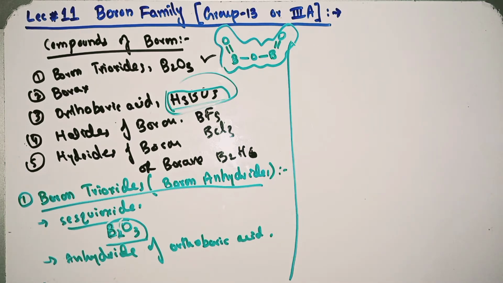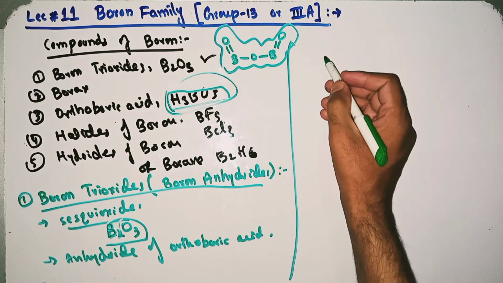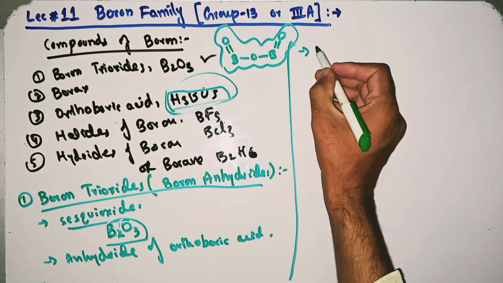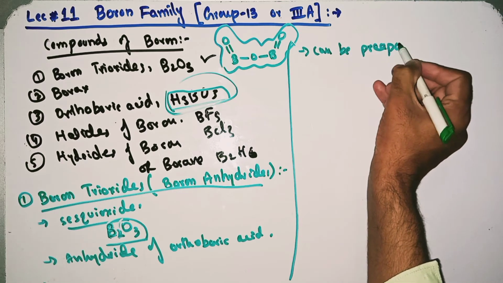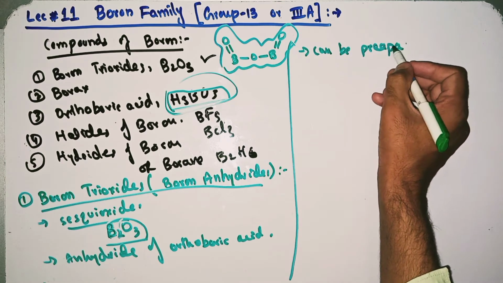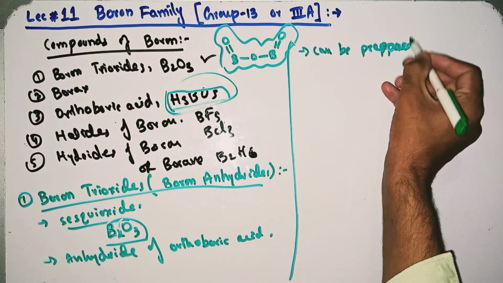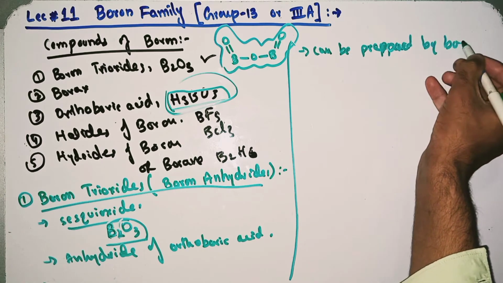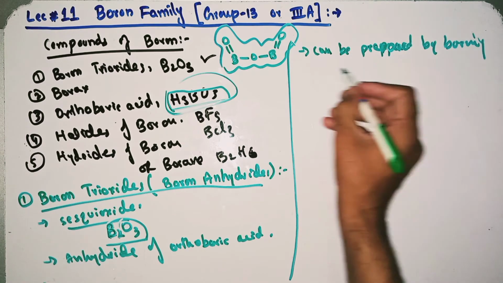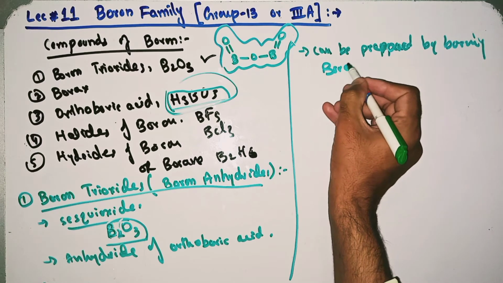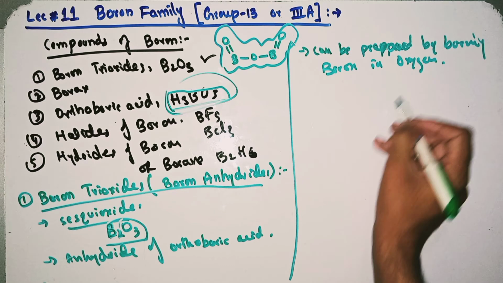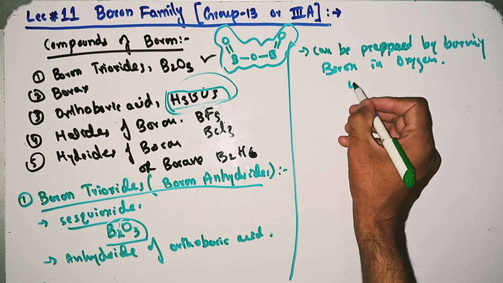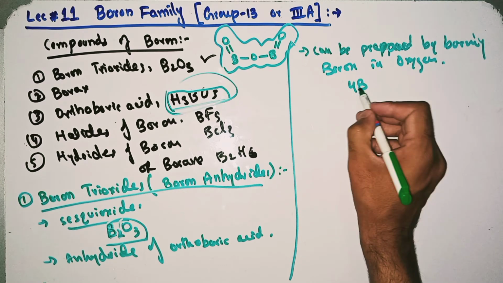It is prepared by burning boron in oxygen, meaning in atmospheric oxygen, which produces boron anhydride.